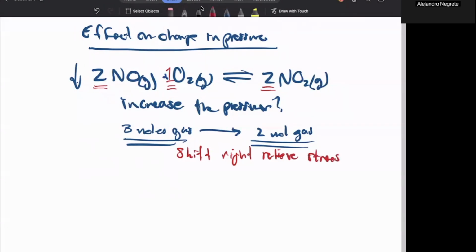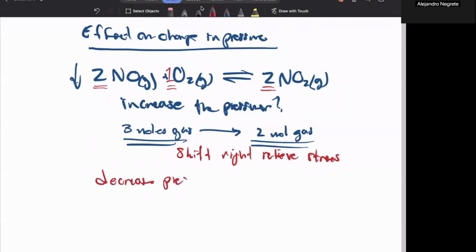And that's because of the increase in pressure. Because of the increase in pressure, we shift this reaction to make more product in order to relieve that stress. Now, if we decrease the pressure, just the opposite would happen.